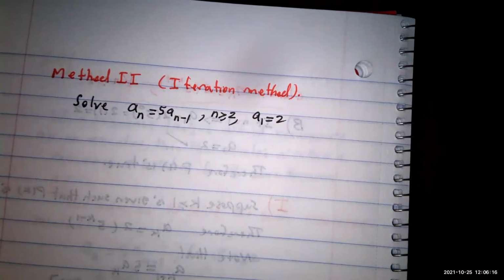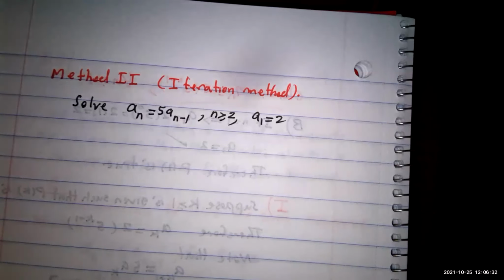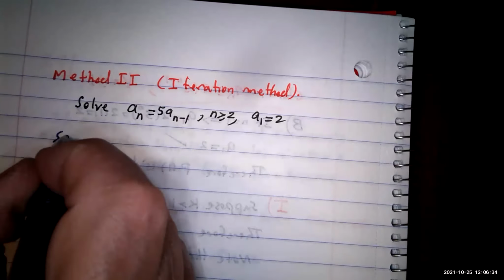Is it the method that I gave you? It was moving forward: I start with a1, then I find a2, a3, a4, etc. This method is moving backward. What does it mean backward? Look at this one. Some people like it.